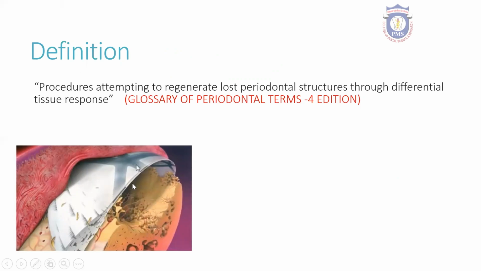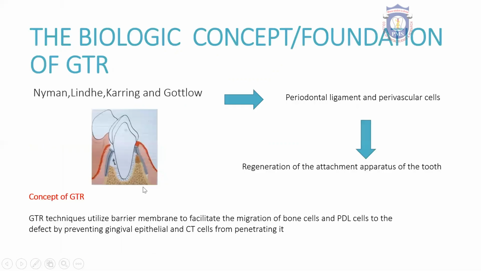So as a result, since the periodontal ligament cells arise at this area, this results in new attachment. So this acts as a membrane. It not only acts as a barrier membrane, but it also maintains a wound space for a new type of cells to repopulate in the area.